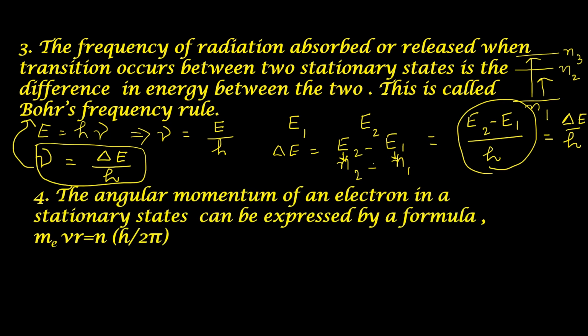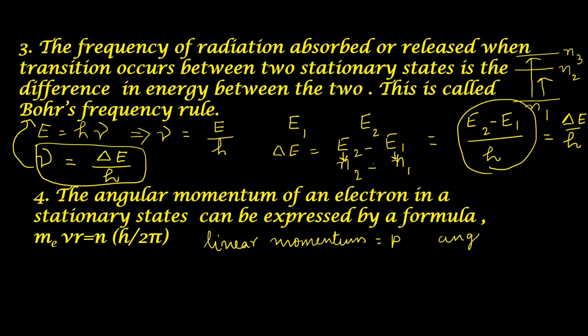Next postulate. The angular momentum of an electron in a stationary state can be expressed by a formula: m_e v r is equal to n into h by 2 pi. An object moving in linear path will have linear momentum, and it is equal to p equal to mass into velocity, that is linear velocity.